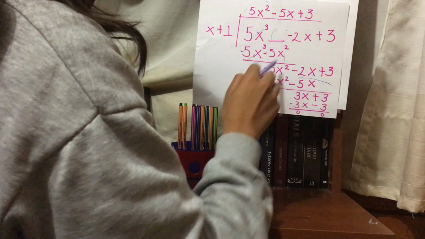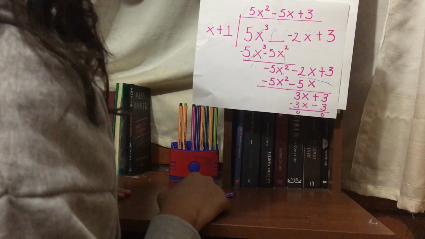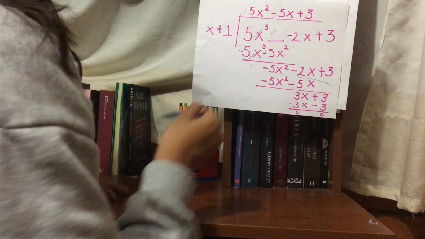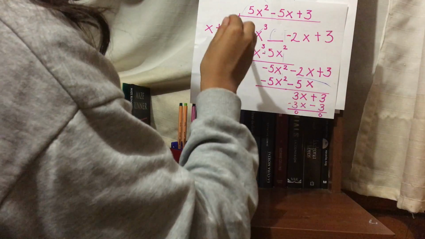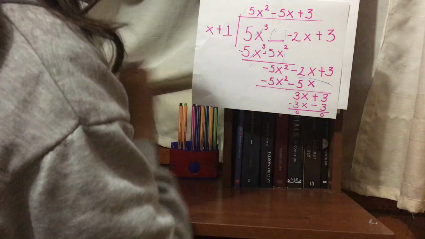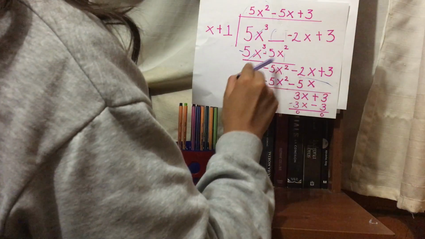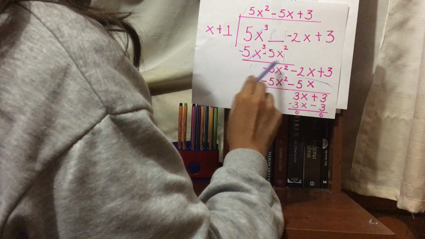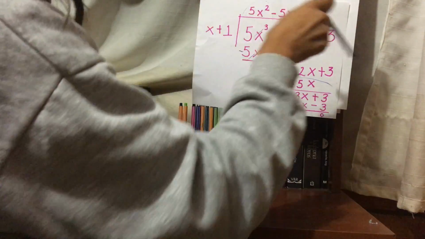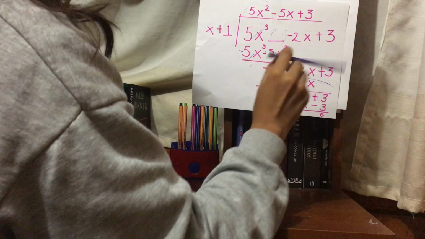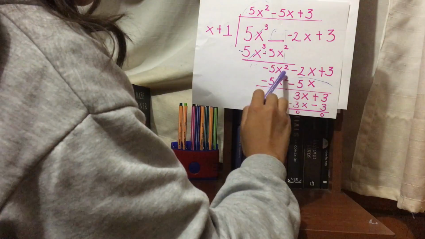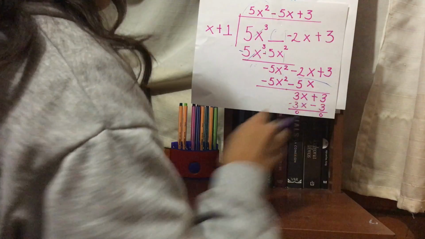So we get minus 5x squared. So our result is, we eliminate these ones because it's minus and plus, so it doesn't exist. We put 5x squared and we put everything down. That is minus 2x plus 3, this one.